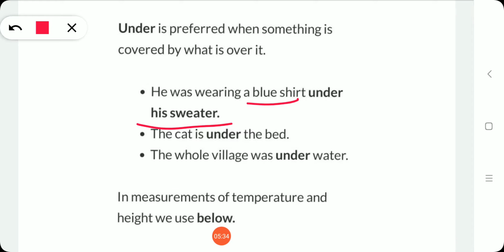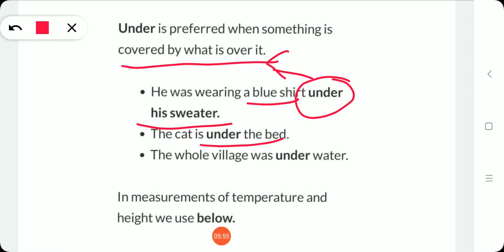So here we have to use under, because we prefer under for something which is covered by what is over it. The cat is under the bed. The cat and the bed will not be touching. Yes.